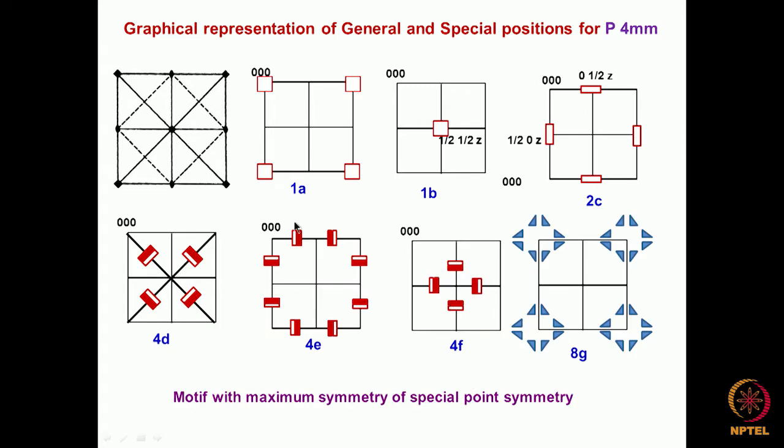Now let us look at this: suppose the motif is not an atom, which has infinite symmetry, but has some finite symmetry, then where will we keep it?